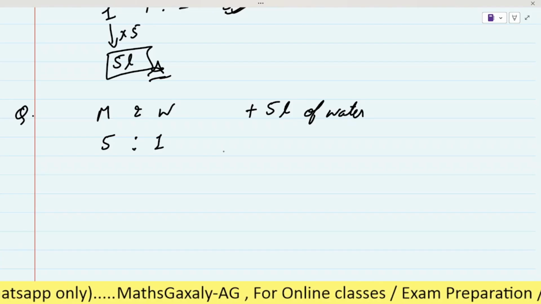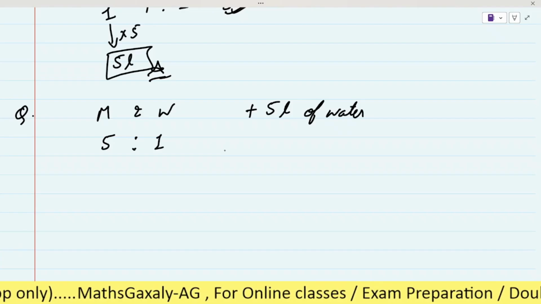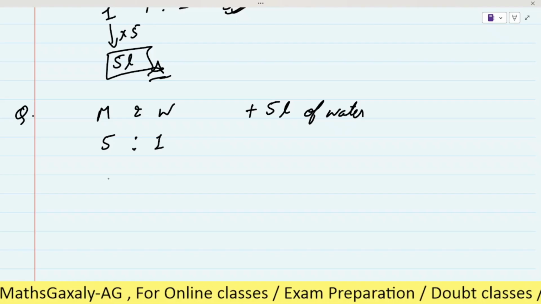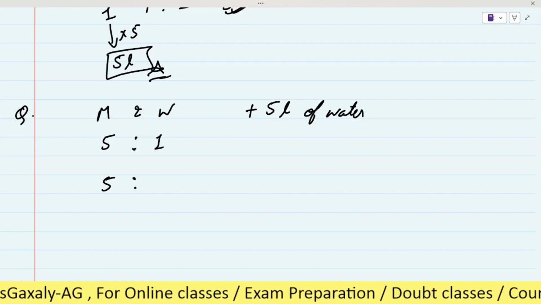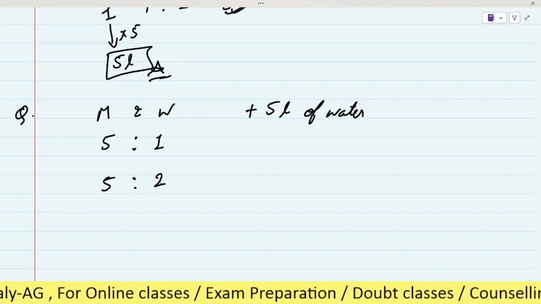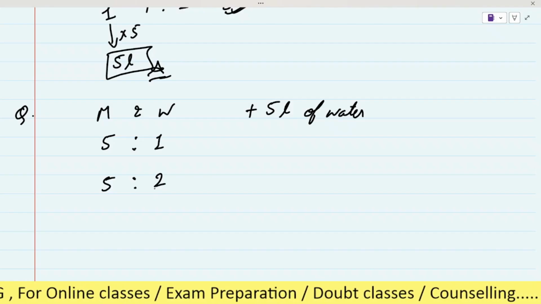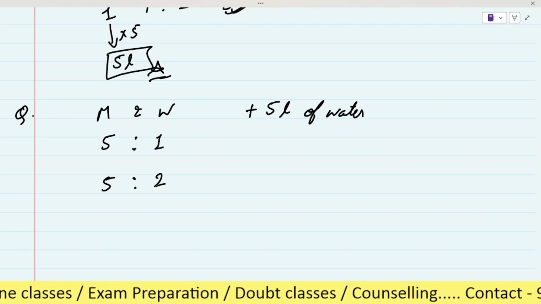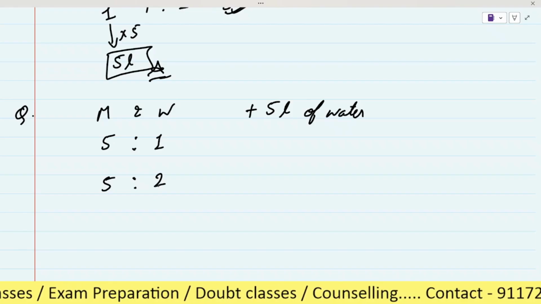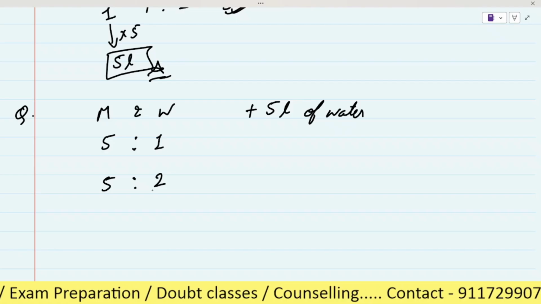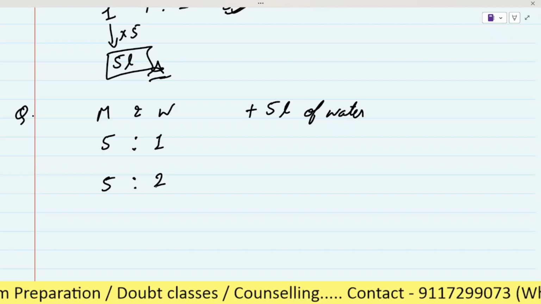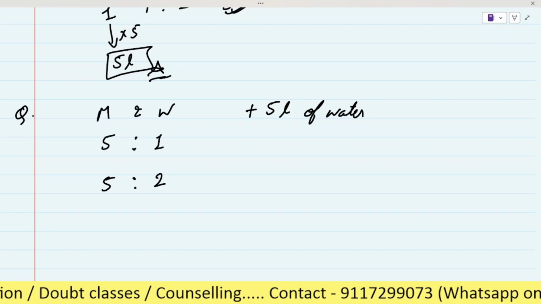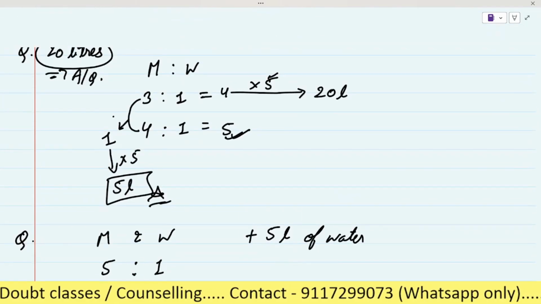The ratio of milk and water becomes 5 is to 2. Full stop. The quantity of milk in the mixture is... Please try to solve this question by yourself with the same method as we did for the first one, na?